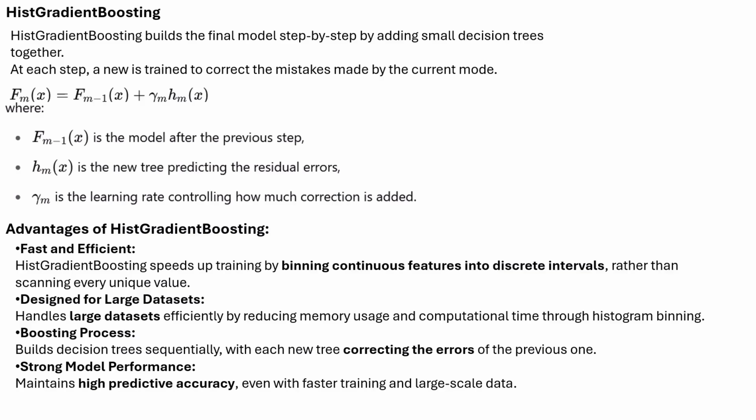Another key advantage of Hist gradient boosting is that it can automatically handle missing values and scale efficiently to big data without needing a lot of manual tuning. During training, each new decision tree focuses on correcting the errors made by the previous tree, gradually improving the model's predictions.